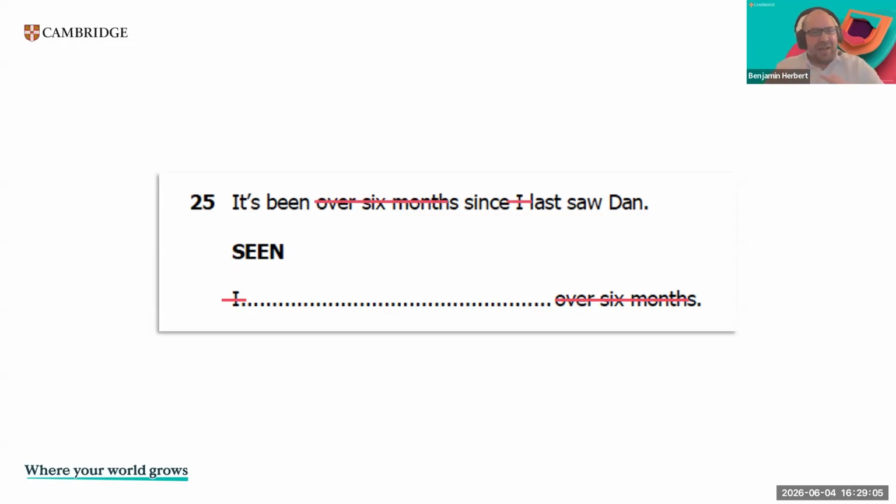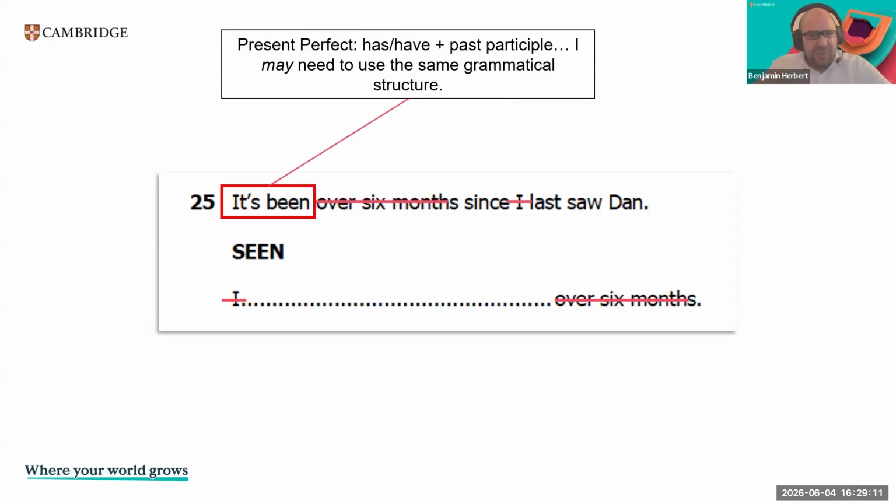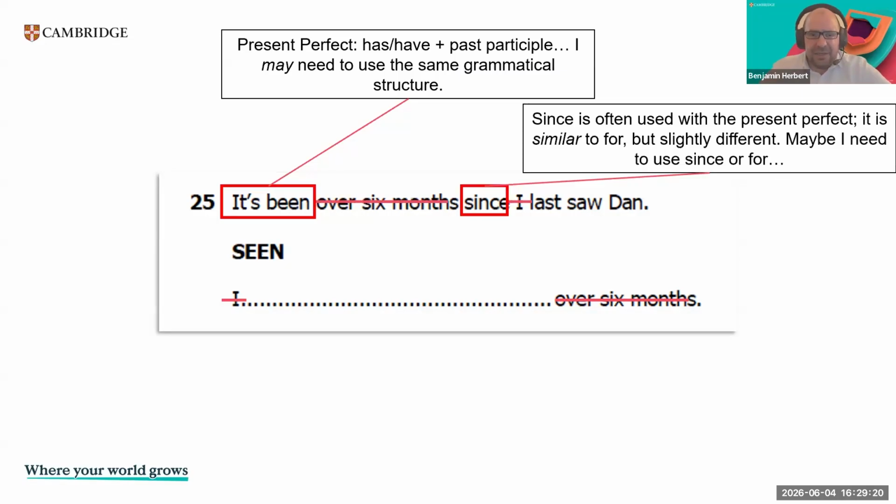And they can start analyzing it maybe grammatically and thinking, well, what's actually going on here? We can see that we've got a present perfect construction here. And we can see we have the word "since".